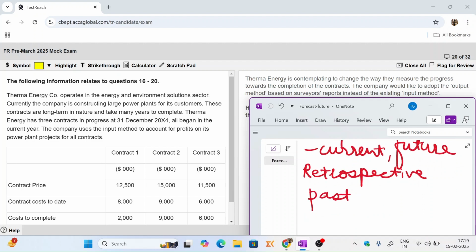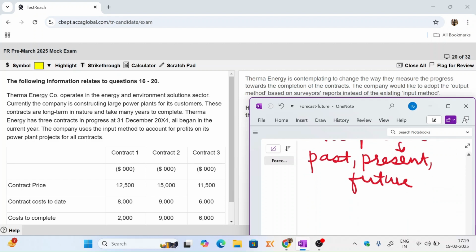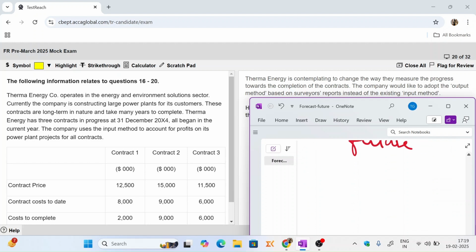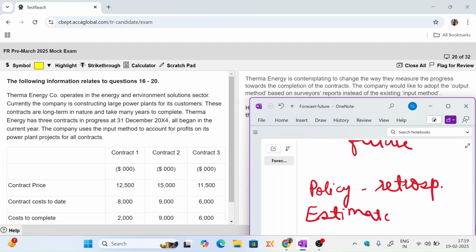This is the difference between prospective and retrospective. Whenever you're doing a change in policy, policies are usually changed retrospectively. And estimates are usually changed prospectively. This is how I have revised the concept for you.